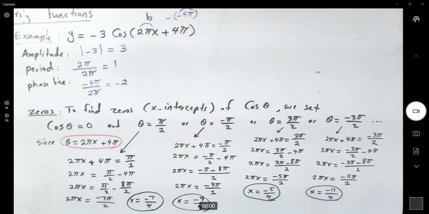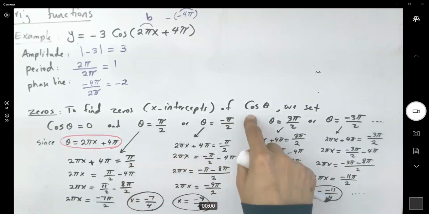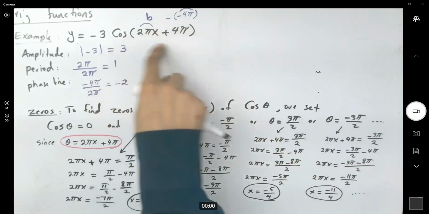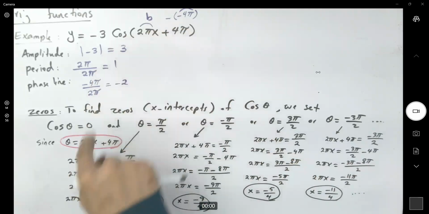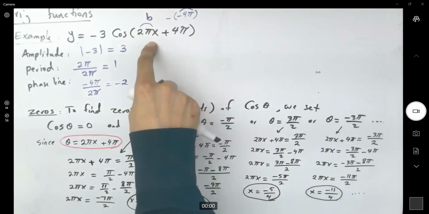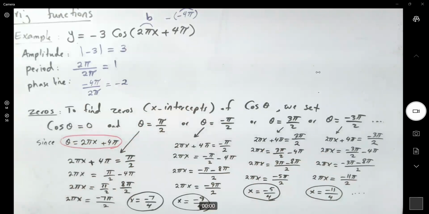And you continue this process. Continue finding the rest of the angles that make cosine equal to 0. So since we have a cosine function, this is your theta. Your theta is defined as this crazy looking quantity. You take this quantity and you set it equal to these angles and solve for x to find the rest of the zeros.